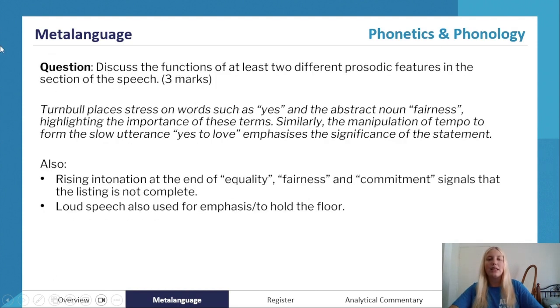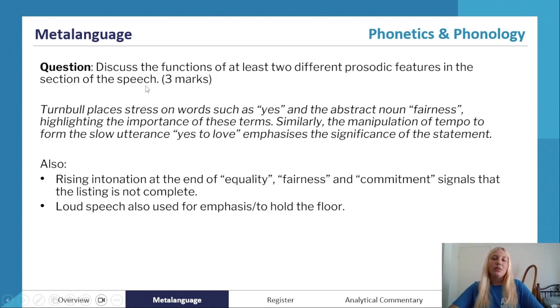So if we have a look at an example, Turnbull places stress on words such as yes and the abstract noun fairness. Note the metalanguage here, because there's not much we can say except the word class. We've gone and named fairness, said that it was an abstract noun to overcome the issue and ensure that there is still some metalanguage in our response.